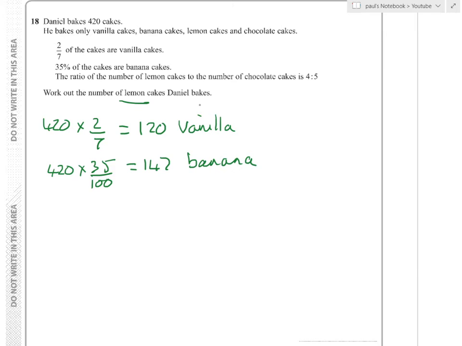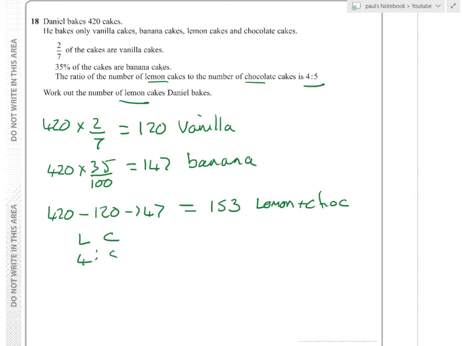Now we've got lemon and chocolate, right? So let's find out how many lemon and chocolate there are. So 420, take away the vanilla, take away the banana. 420 take away 120, take away 147 is 153. So we've got 153 lemon plus chocolate. Now they're in the ratio of 4 to 5, lemon and chocolate.